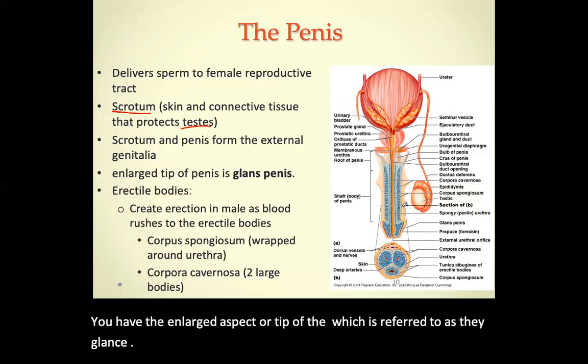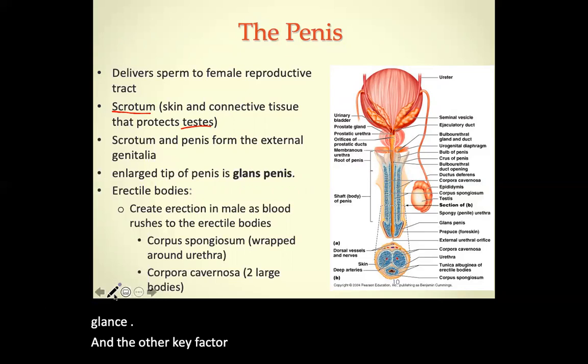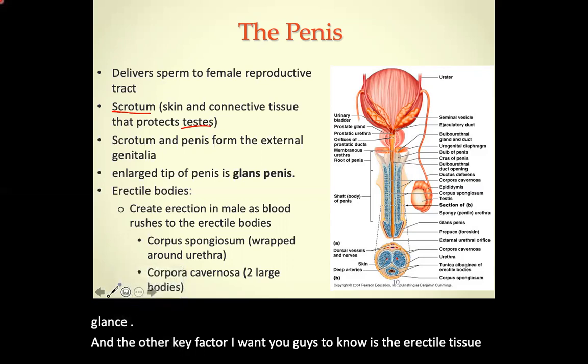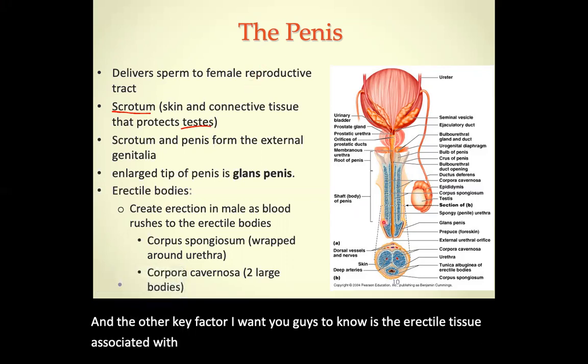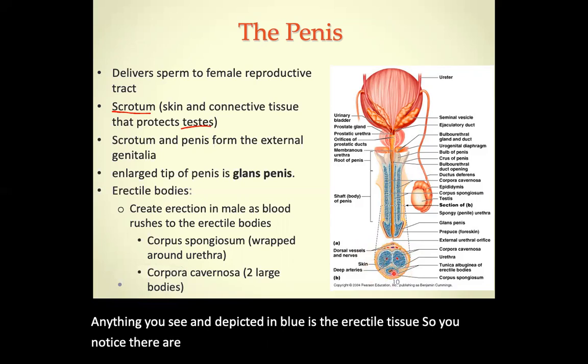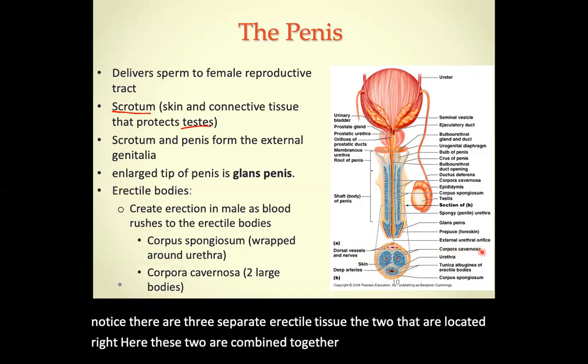The other key factor I want you guys to know is the erectile tissue associated with the penis. So you can see a cross-section of the genitalia here. Anything you see depicted in blue is the erectile tissue. You notice there are 3 separate erectile tissues. The 2 that are located right here, these 2 combined together are called corpora cavernosa.